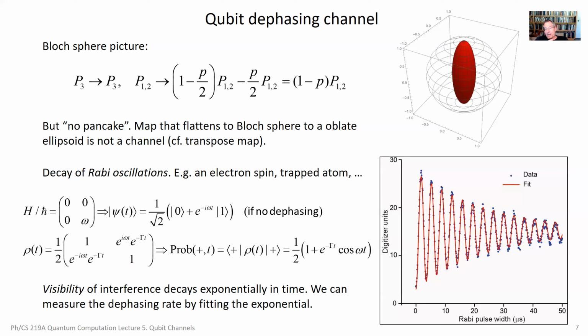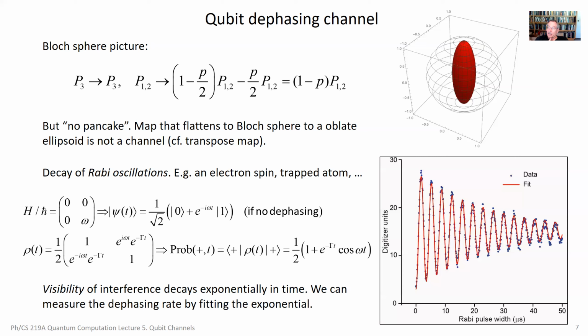So if I prepare an initial state, and then I let it evolve for a while, and then I measure in the basis which is the 0 plus 1 and 0 minus 1 basis. So I started out at time 0 here with 0 plus 1, up to normalization. I let some time pass, and then I measure to see whether it's 0 plus 1 or 0 minus 1.